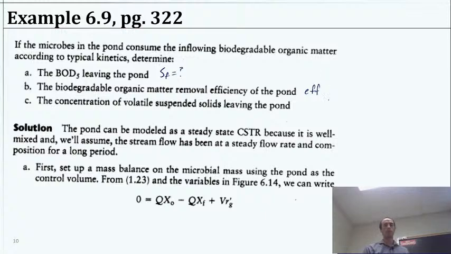This is not water efficiency or anything like that. So removal efficiency, we could call that what we start with minus what we ended with divided by what we started with times 100%. We'll just use our answer to part A to get that value. And then C says the concentration of volatile suspended solids leaving the pond. So that's going to be our XF.